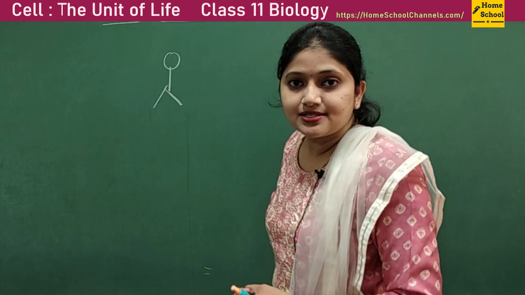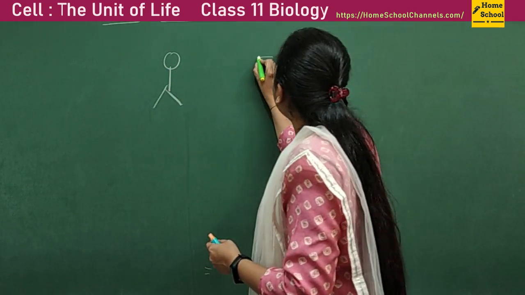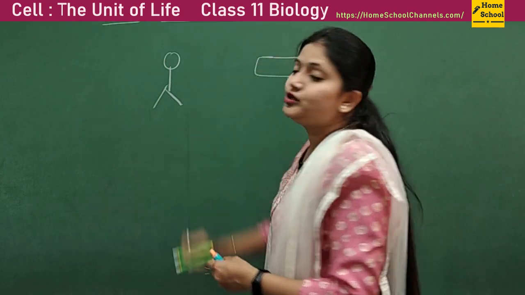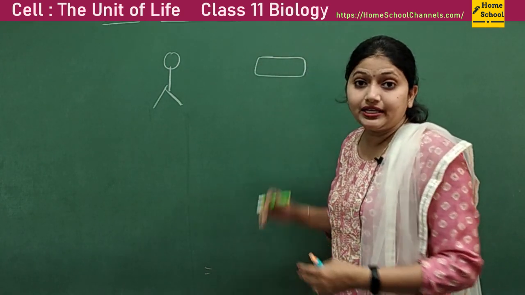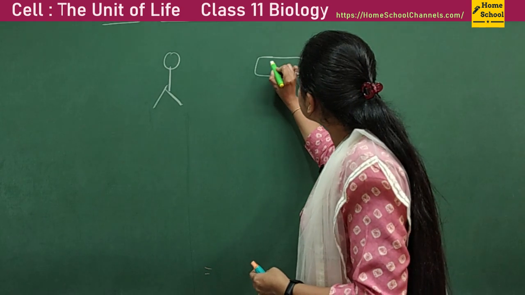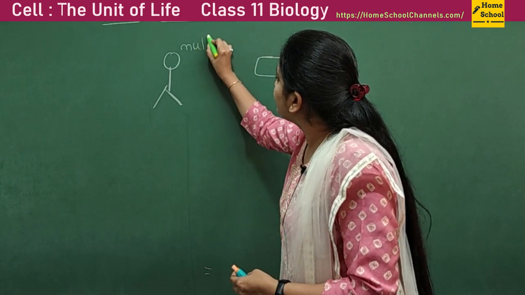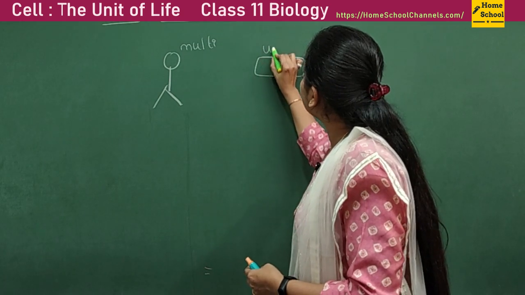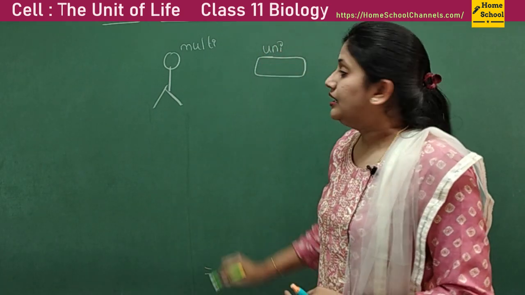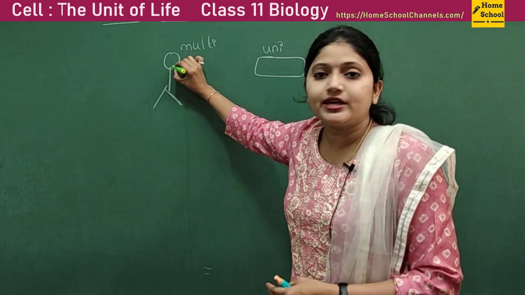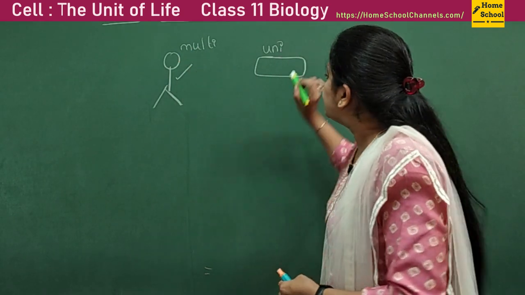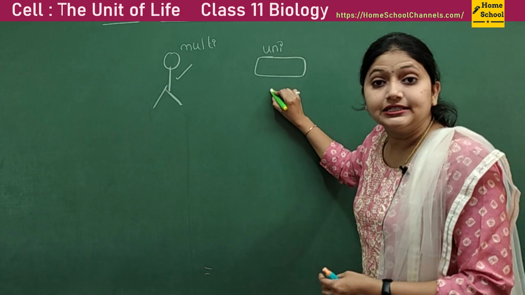when you compare a huge organism like a human and a minute organism like bacteria, this is a single cell, it is unicellular, and this is multicellular. The cell is able to survive in this case also, and in this case also.